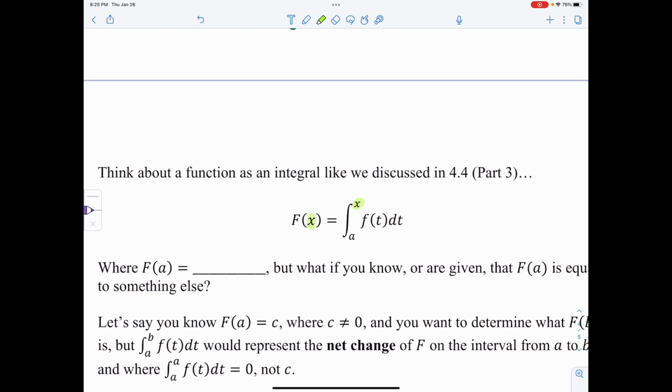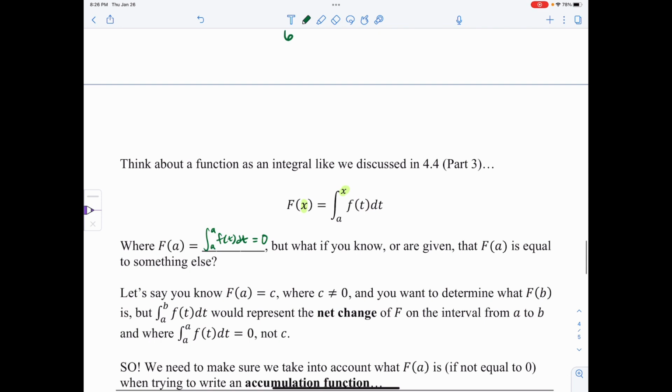Where F of a, in this case, would be equal to the integral from a to a. And you guys know that that would be equal to 0. But what if you know, or you're given in the problem, that F of a is equal to something else?